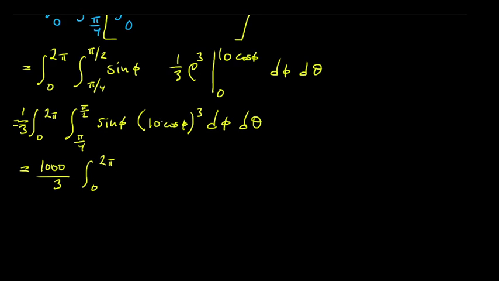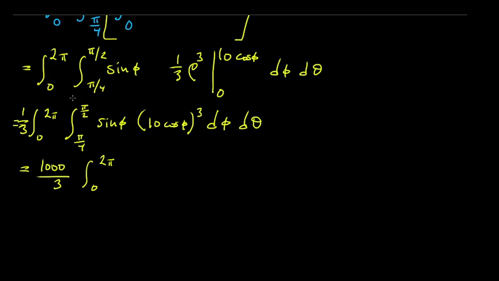By the way, there's no dependence on theta here, so we could just do the theta integral separately. If there was something depending on theta, we would have to do that next.